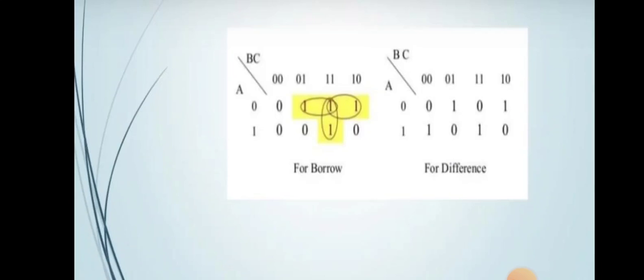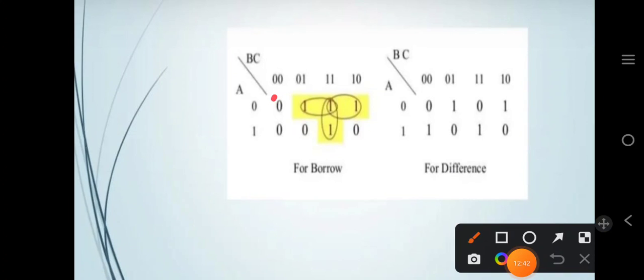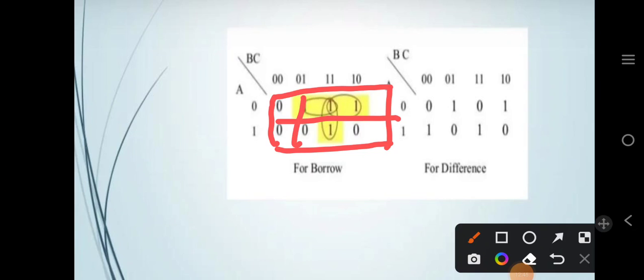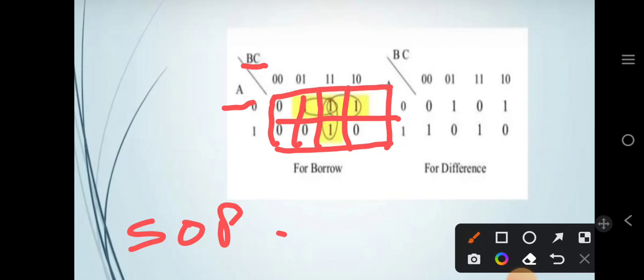Now the next step is to draw the K-map. So here you can see we have drawn the K-map for 3 variables. A we have plotted on this side, this is BC. Again, this is a SOP equation. So for that, 0 is represented by any variable's bar. Remember this thing.